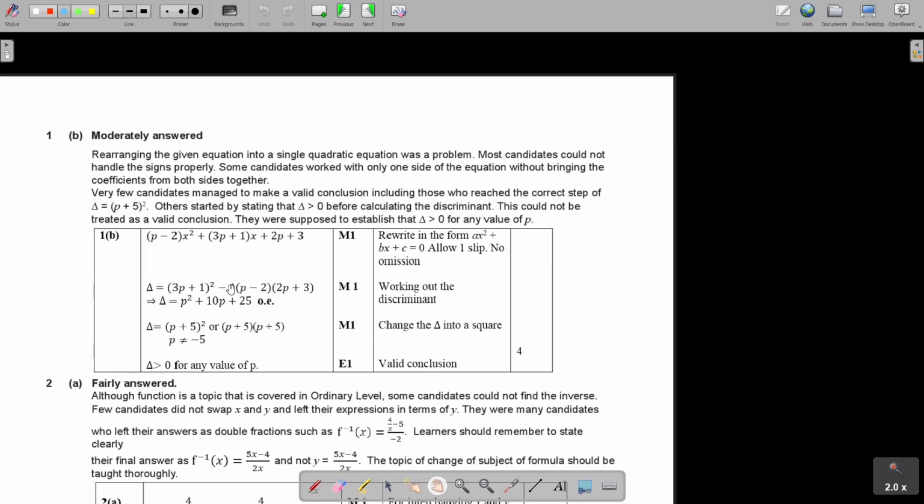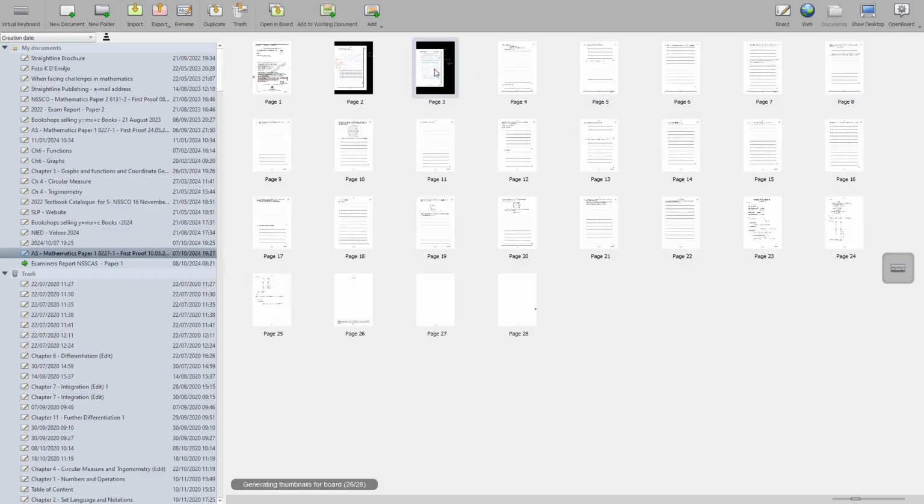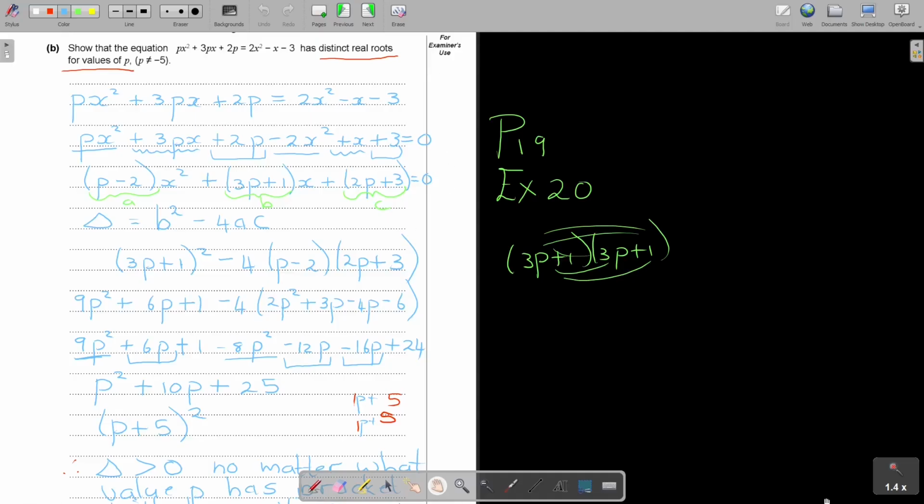Okay, so what did they give the marks for? If you took everything to one side, if you come to the discriminant, if you come to that bracket, then it would have been correct. We can maybe just end quickly by checking where they gave the marks. So they gave you the marks if you took everything to one side.